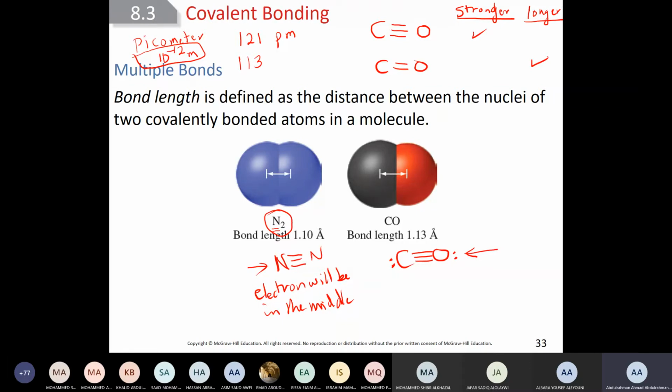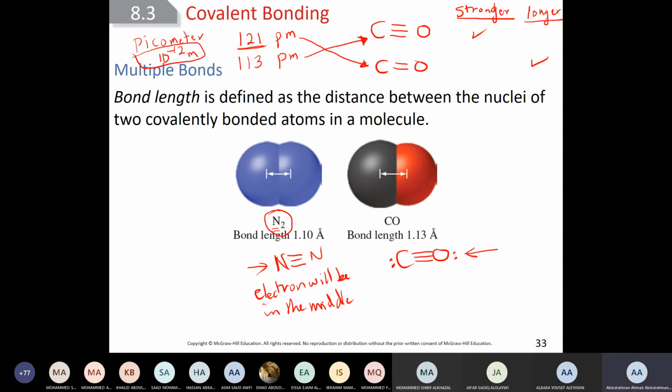If I give you these two numbers, and this is for the CO double bond and CO triple bond, which one is for the CO triple bond? 121 is for which bond? The double bond, exactly. And the 113? Triple bond.